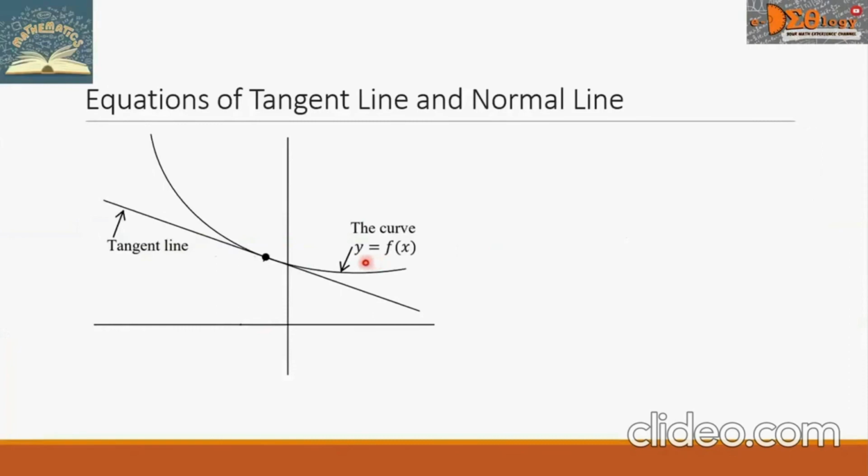Given the function y equals f of x, and this is the curve. Now, we have a tangent line that intersects the curve at the point x sub 1, y sub 1.